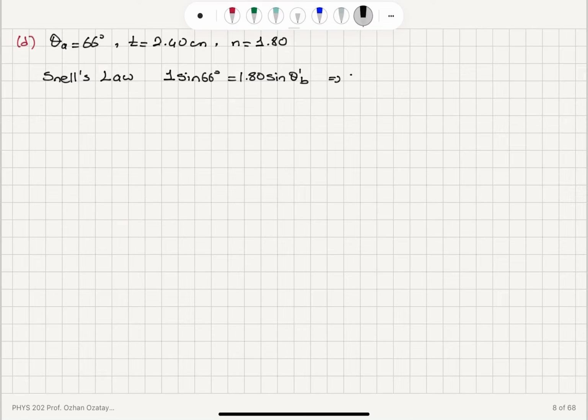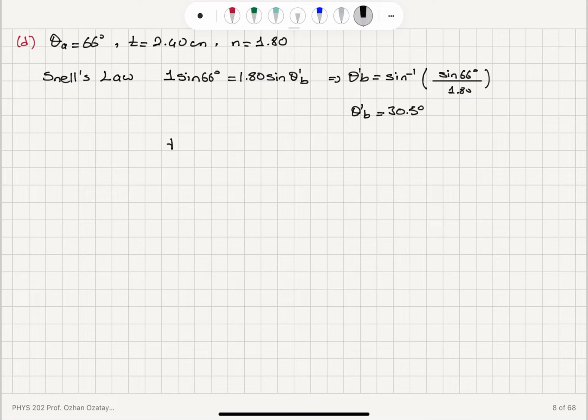This gives me theta prime B equal to sine inverse of sine 66 degrees divided by 1.8. If you calculate, this angle is equal to 30.5 degrees.